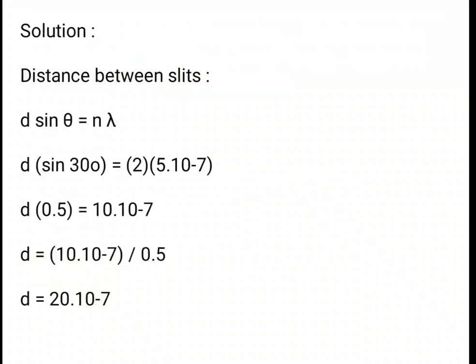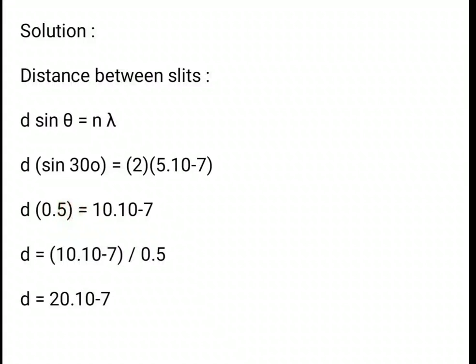Now the distance between the two slits: d sin theta is equal to n lambda, so d into sin 30 degrees is equal to 2 into 5 into 10 power minus 7. So sin 30 is 0.5.